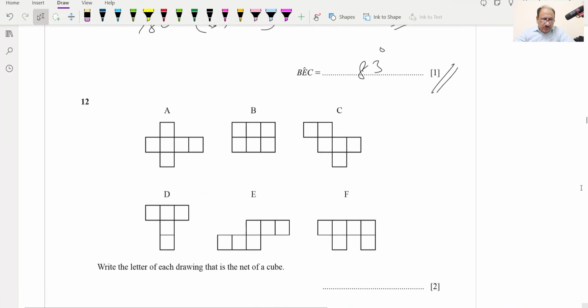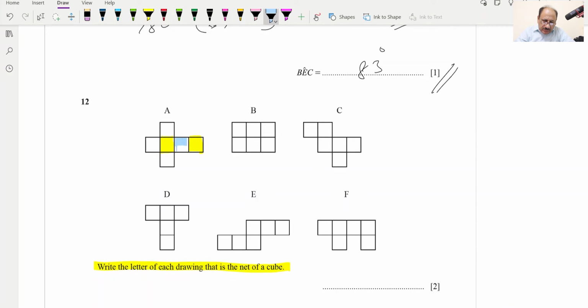No working required, but I have written it for your explanation again. And next comes question number 12. They have provided the nets. So write the letter of each drawing that is the net of a cube. In this one, if you check A, this is the base and this is the top. So base and top, and these are the sides.